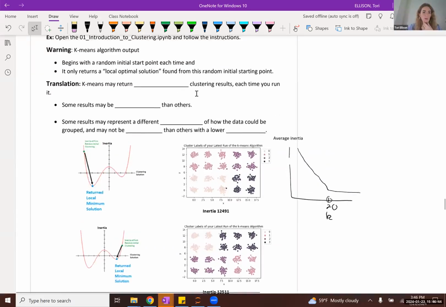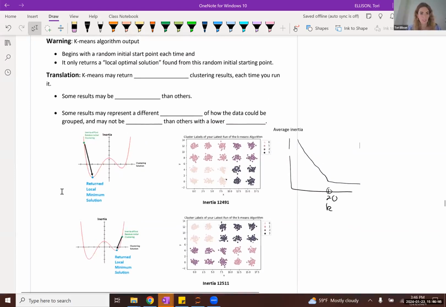So what I want to summarize here is that, first, k-means may return different clustering results each time you run the algorithm. The reason is that we randomly initialize the centroids in the first step of k-means.